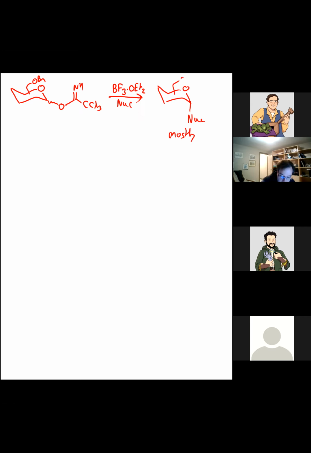It doesn't matter what ratio you start with, because this goes through an SN1 oxocarbenium. So by choosing the Lewis acid here with these TCAs, we can go either SN2 or SN1. Now, SN2 always gives you more control. You almost always want to do the SN2. The SN1 is more reactive, and in our case, the SN2 just didn't go.